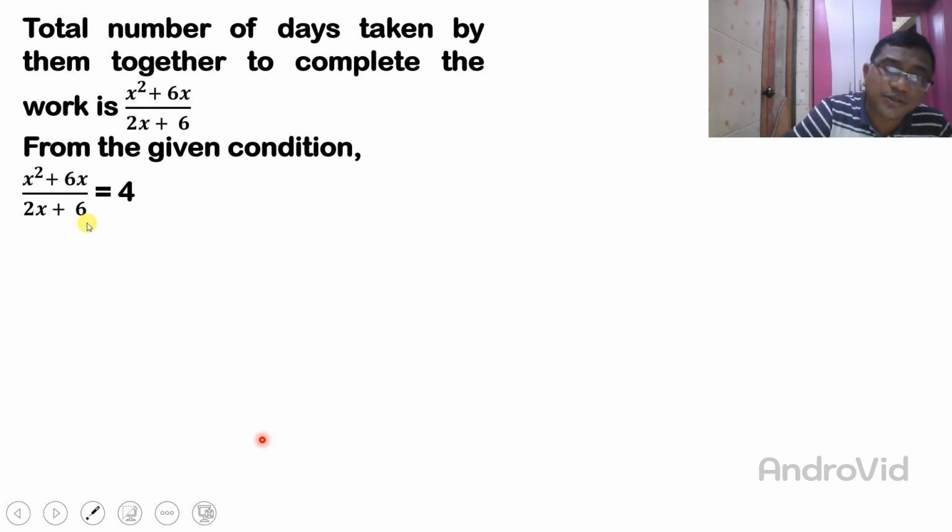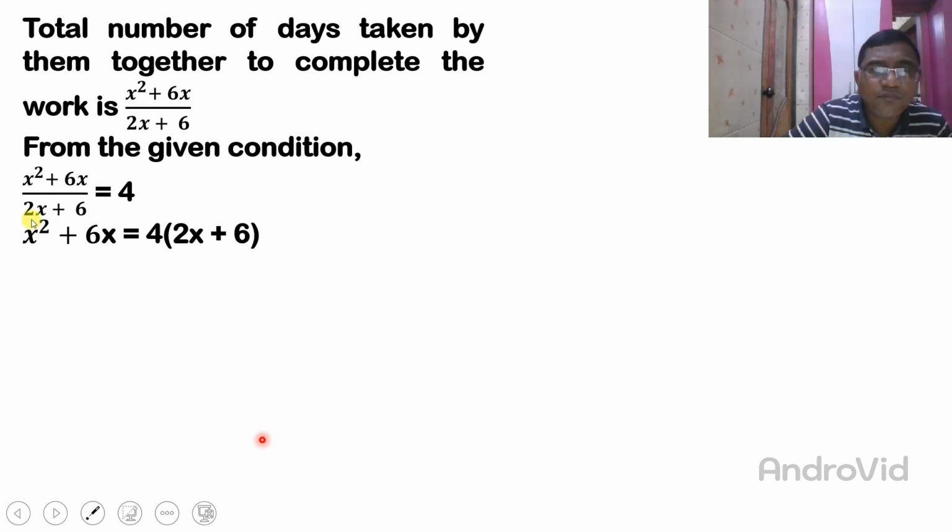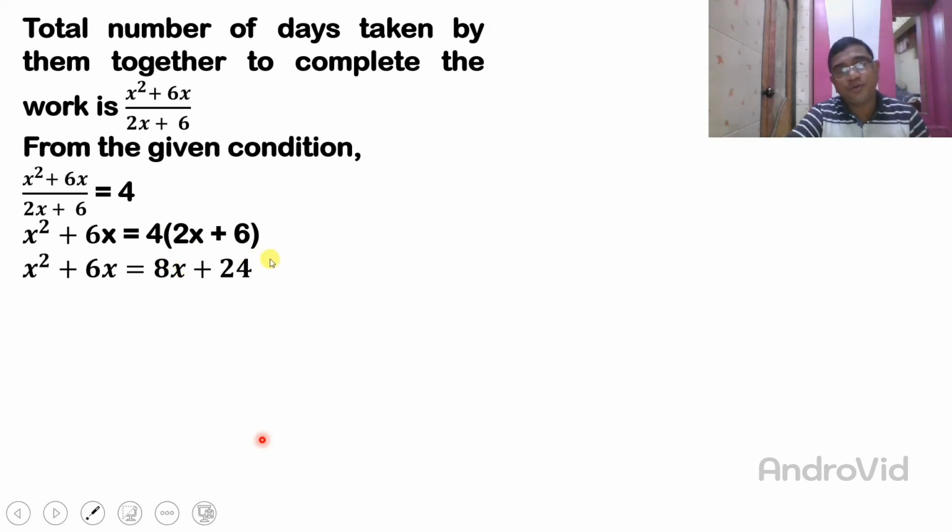Cross multiplication: 4 multiplies 2x plus 6, and x square plus 6x remains as it is. 4 times 2 is 8x, 4 times 6 is 24. So x square plus 6x is equal to 8x plus 24.